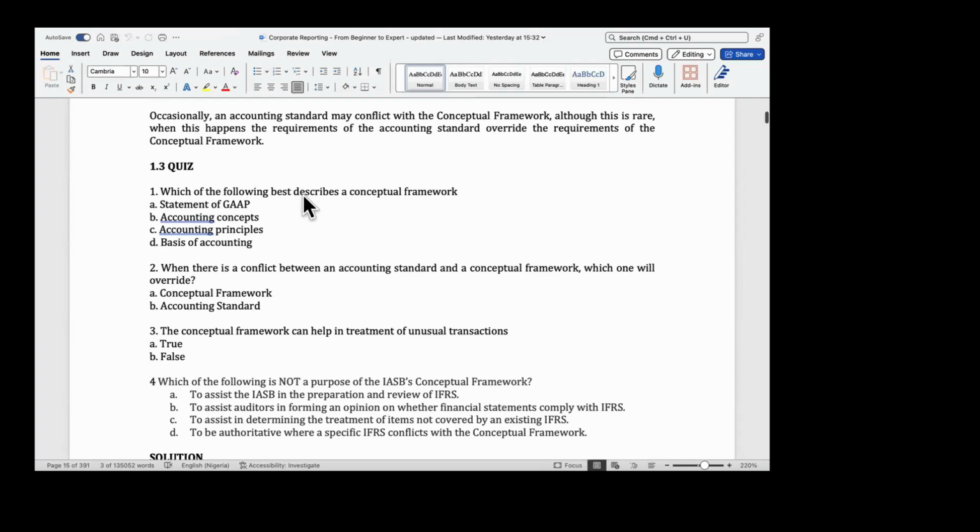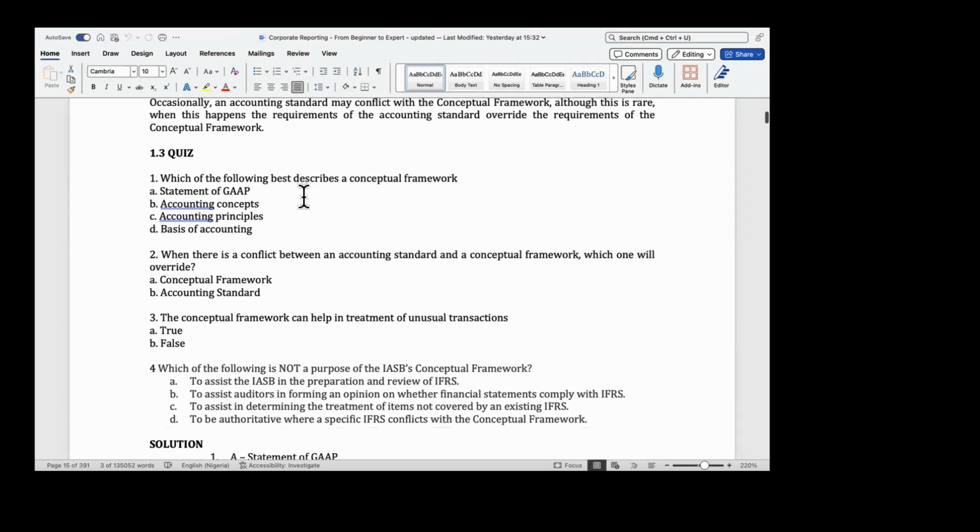Number four, which of the following is not a purpose of the IASB conceptual framework? Which of the following is to assist preparers, assist auditors, authoritative? What do you think the answer should be? We're not seeing the options, so I can't see the options.